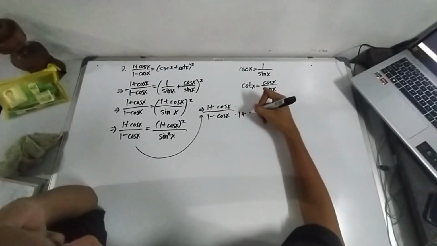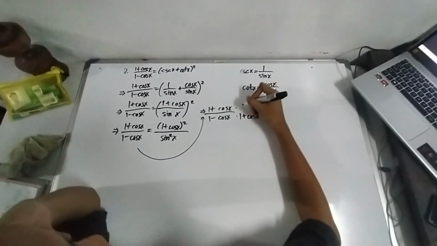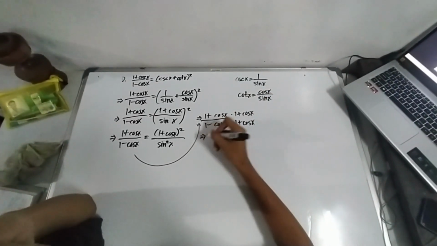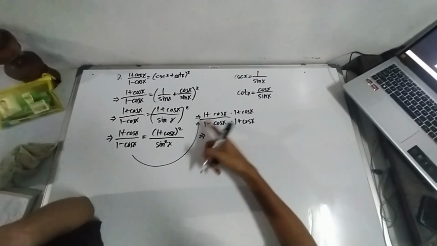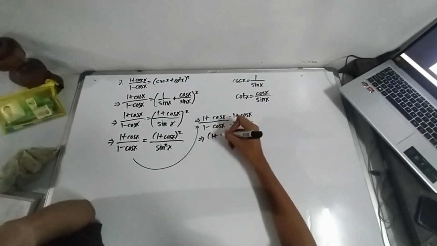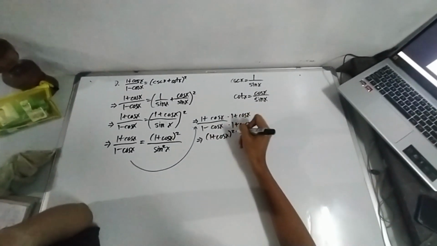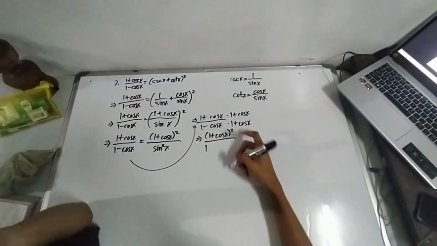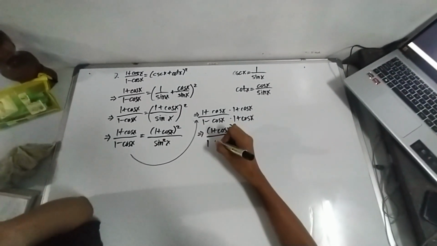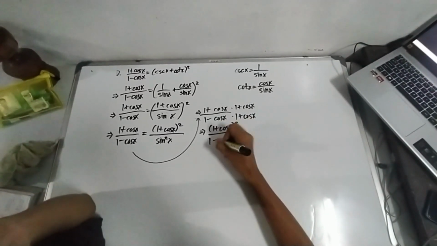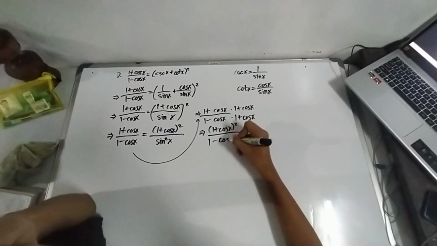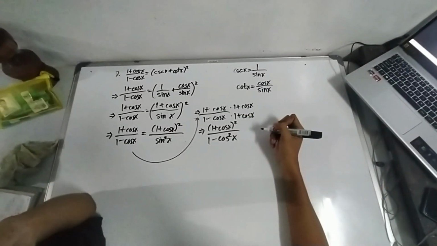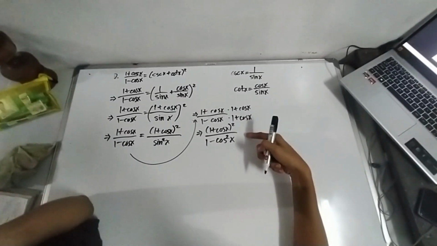So 1 plus cos x times 1 plus cos x will equal 1 plus cos x squared over this, which is equal to 1 minus cos squared x. So that's it.